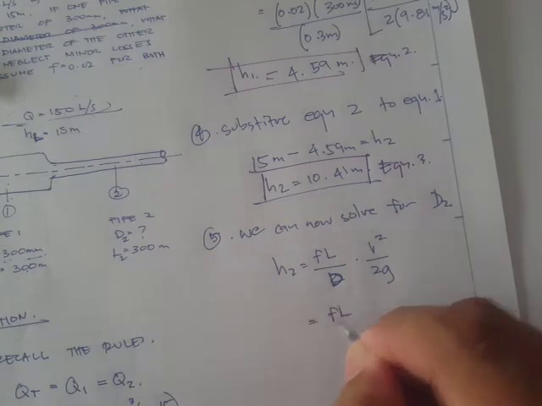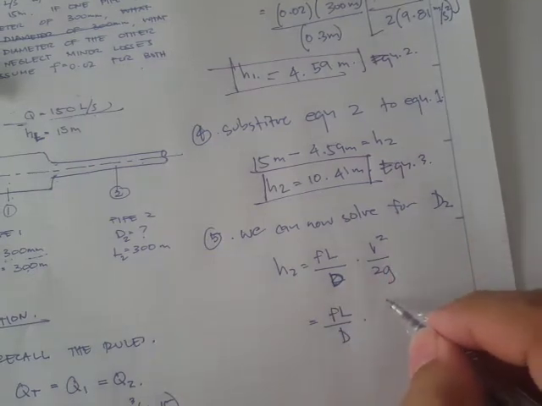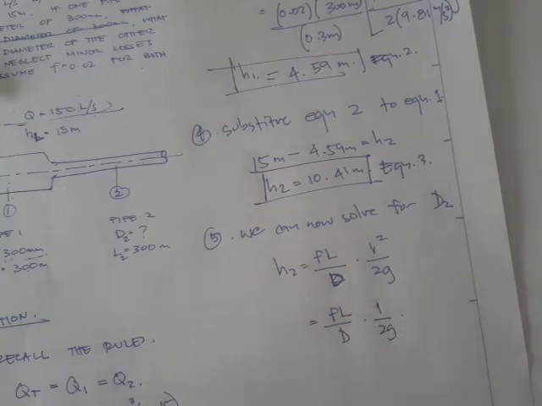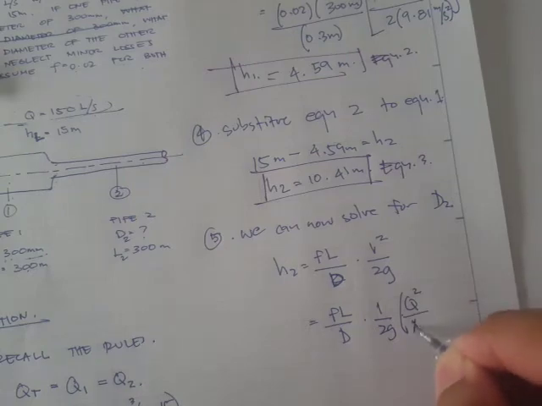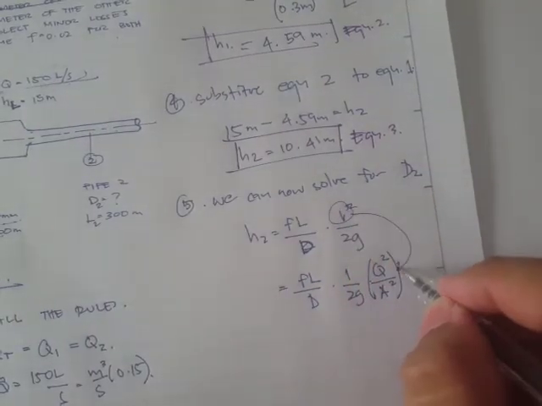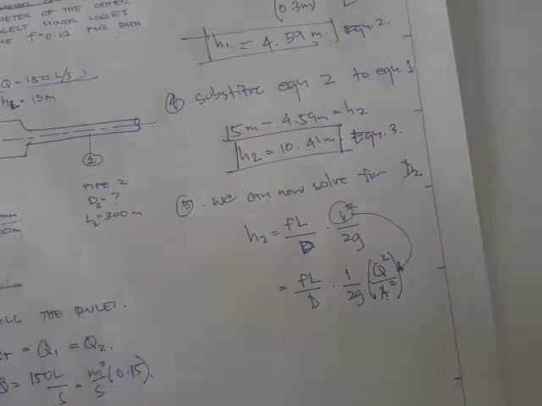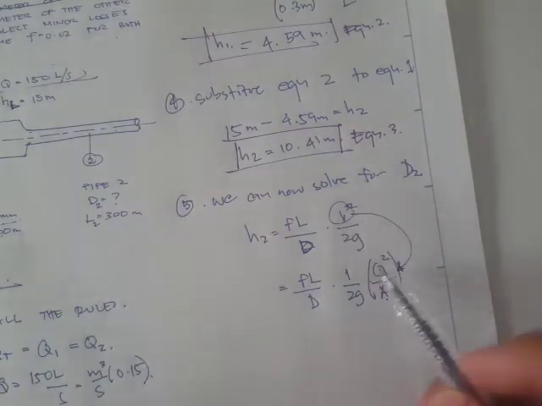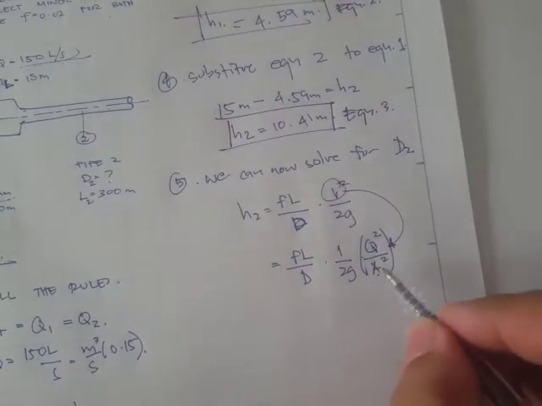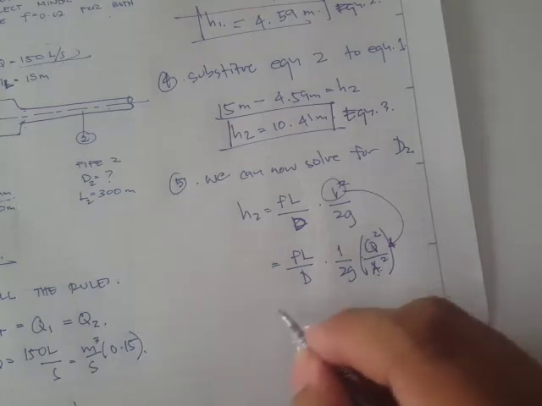So FL over D times 1 over 2G, and times the Q squared all over the area squared, right? So this velocity is just equal to Q all over A, but since this velocity is squared, then we'll square the numerator and we'll square the denominator. Okay, now we can express this area in terms of diameter.